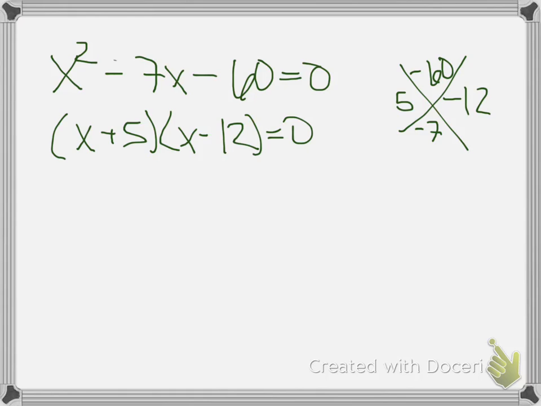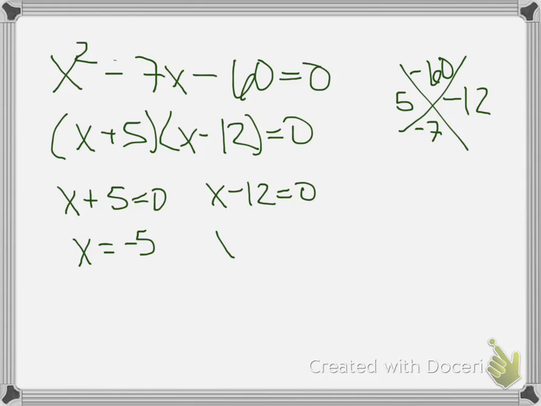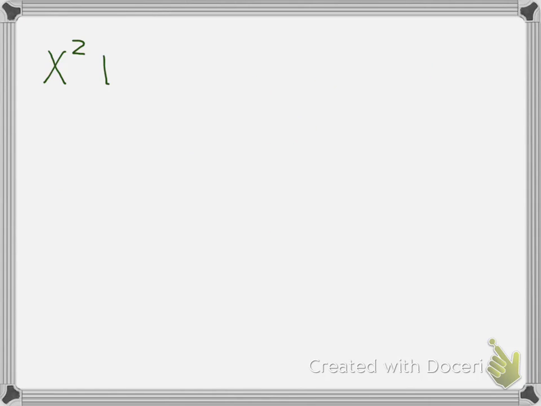So we make each of the parentheses equal to 0, and then solve the equation. The opposite of adding 5 would be to subtract 5, so that would give me x equals negative 5, and the opposite of minus 12 would be to add 12, which would give me x equals 12. So there you go.